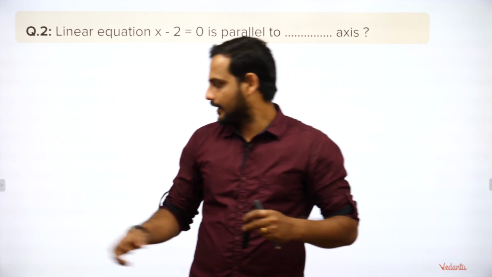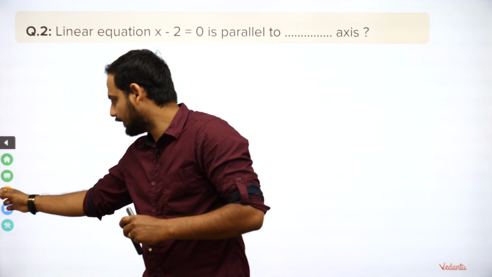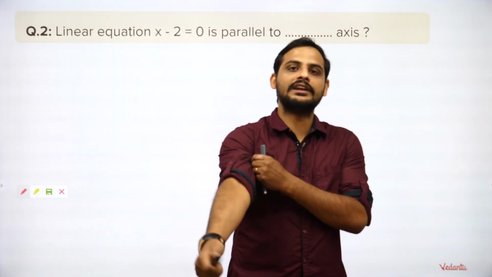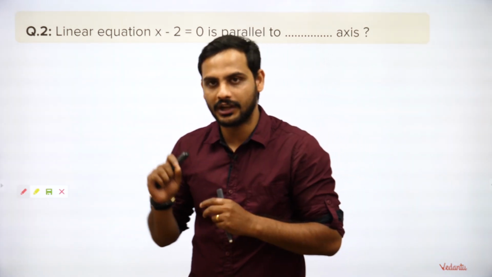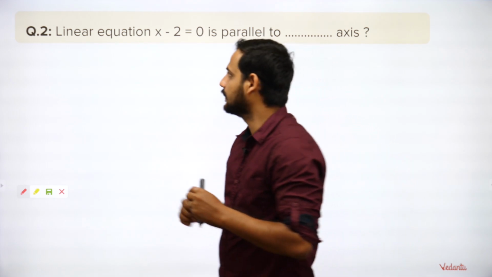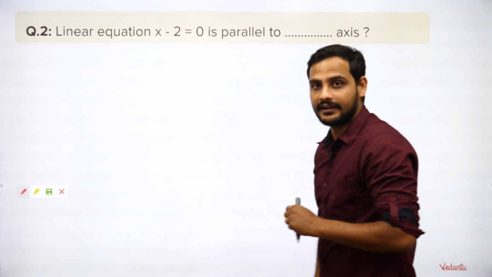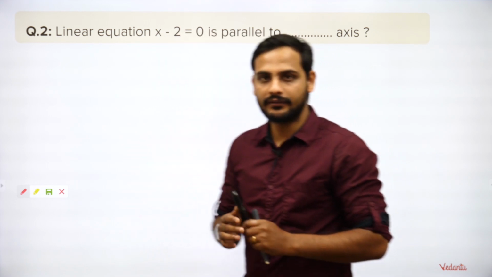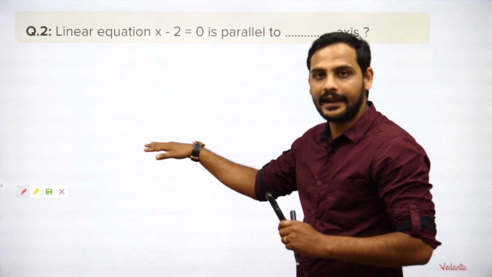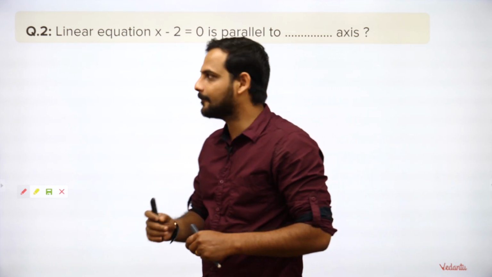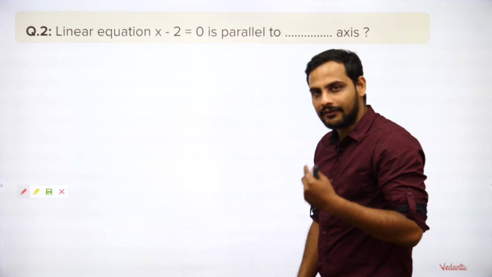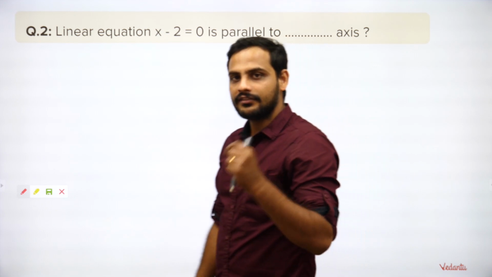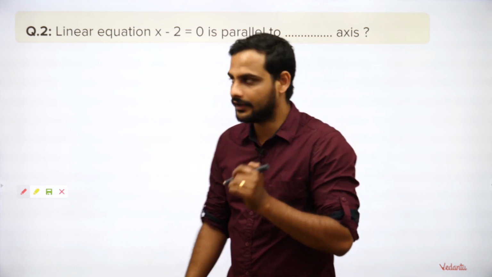So one more thing I would like to tell you before starting this: the graph of a linear equation in two variables is a straight line when we are considering the x and y axes. So we know that the graph of a linear equation will be a straight line in your Cartesian coordinates.